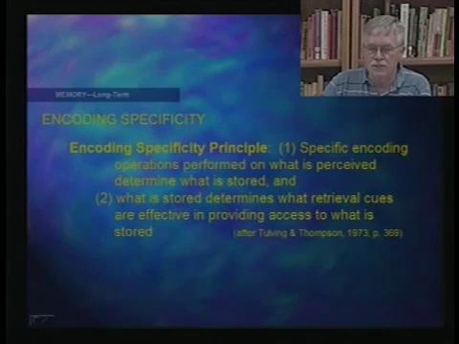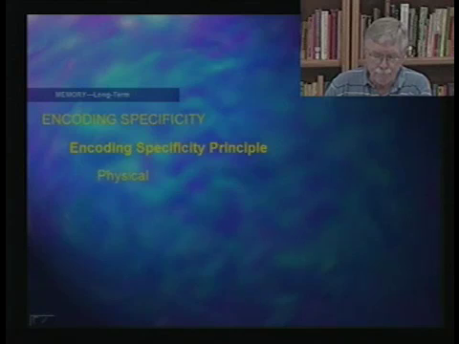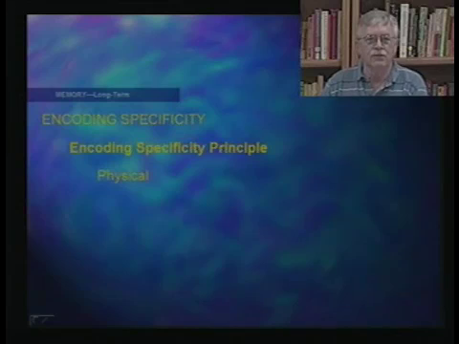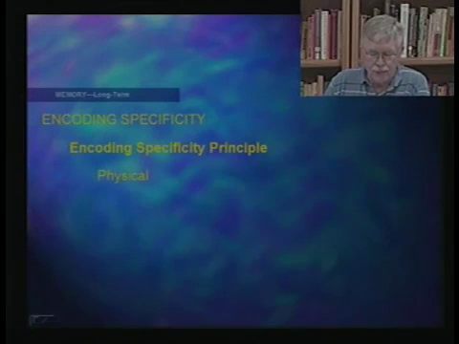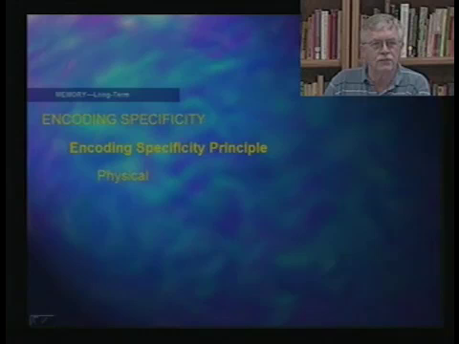So essentially, part two argues that we can hold learning conditions constant and still demonstrate huge retrieval differences based on how retrieval is cued.